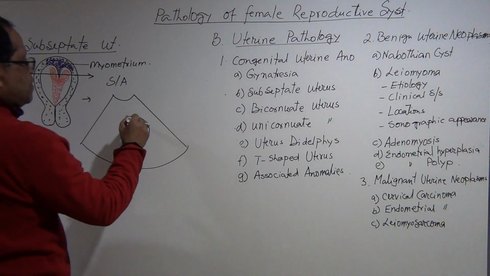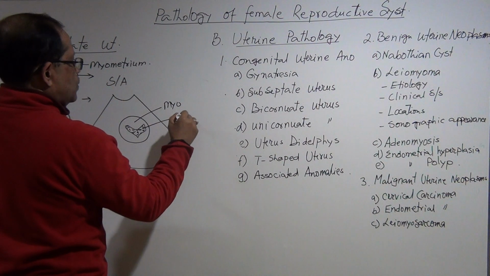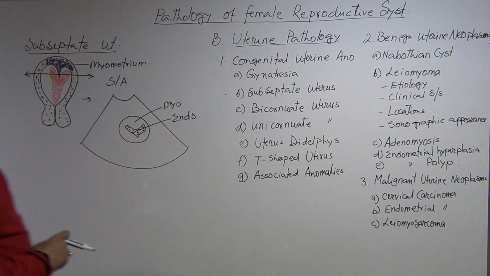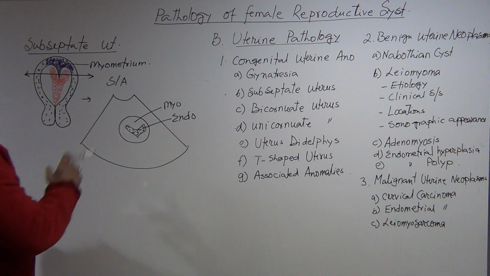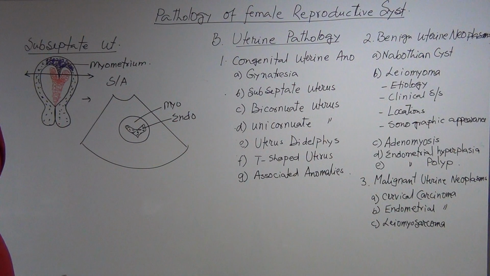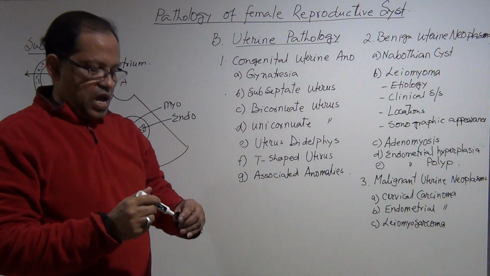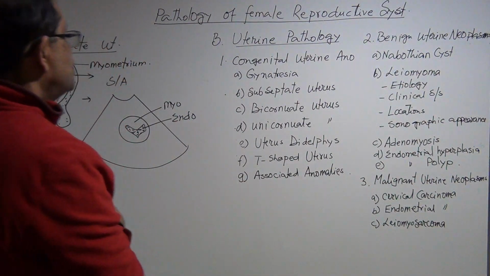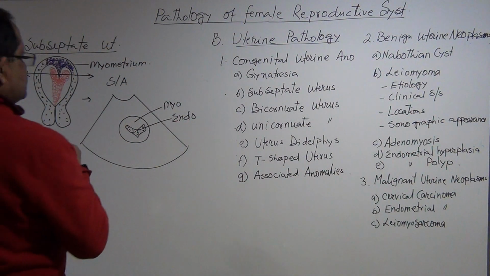So this is myometrium and this is endo. Make sure you know that this is better seen in transverse view. Most of the anomalies are better seen in transverse view. Okay, we got the idea. This is transverse.